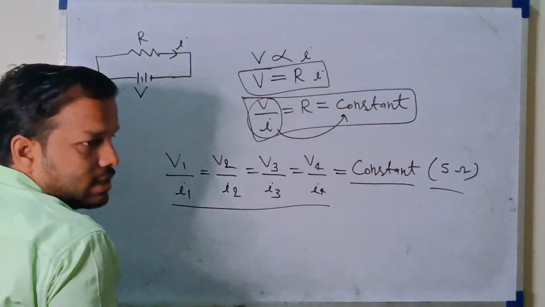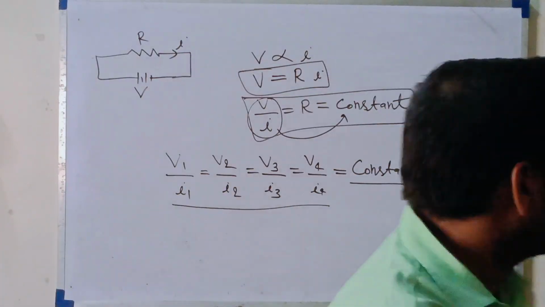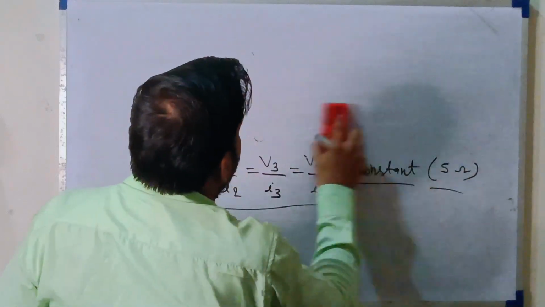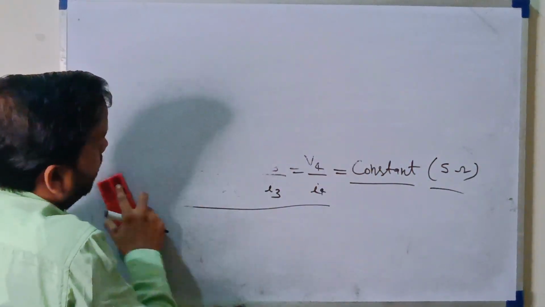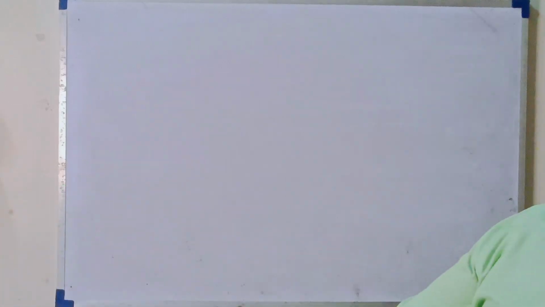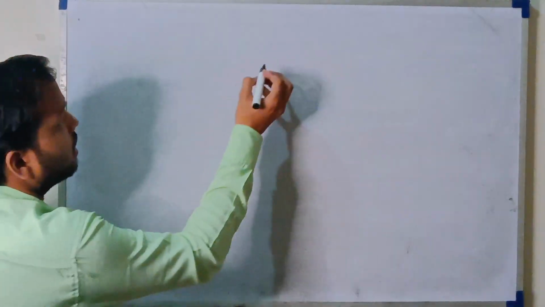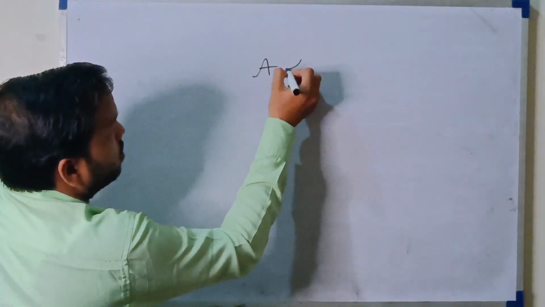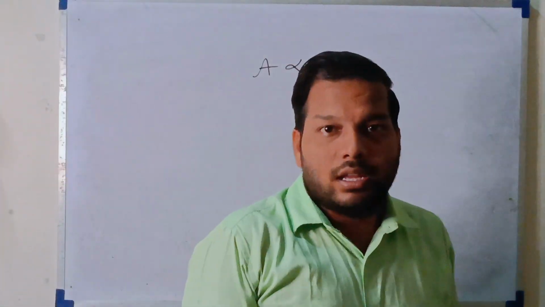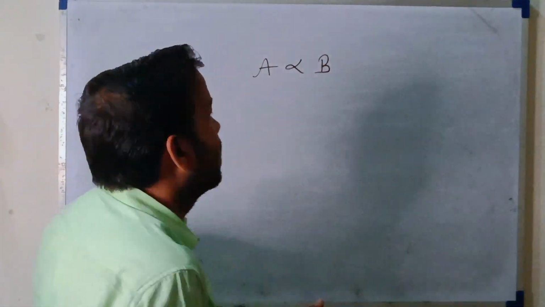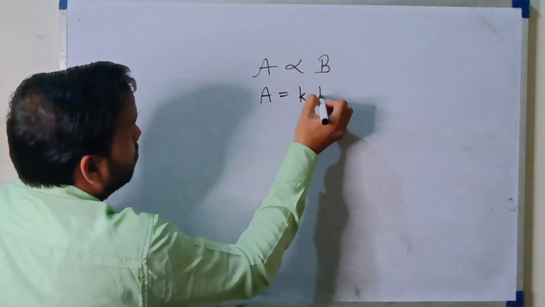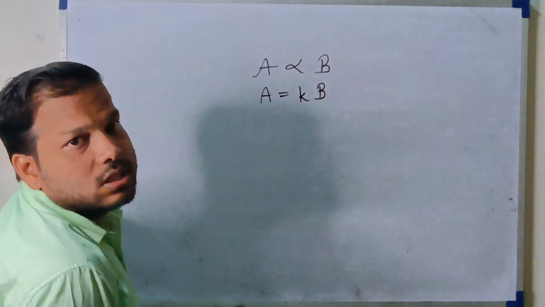Okay. Let us see one more example so that you can easily understand the exact meaning of these steps. Suppose a quantity A is proportional to a quantity B. Now A is equal to KB, where K is a constant, right?